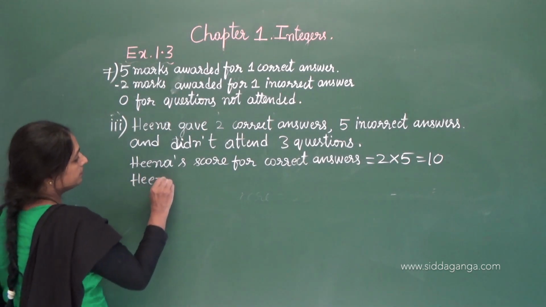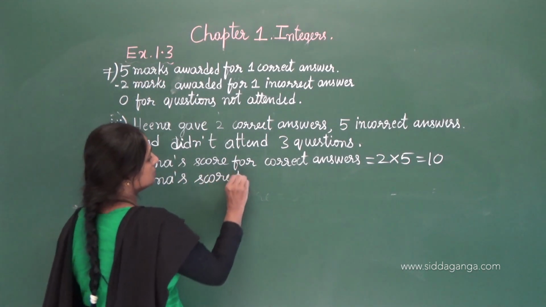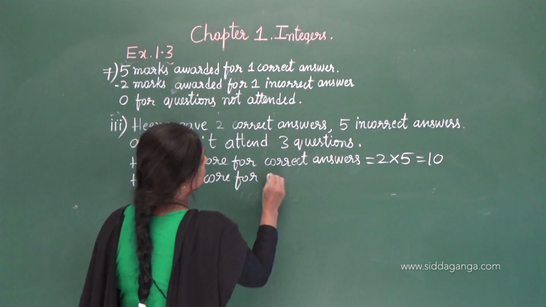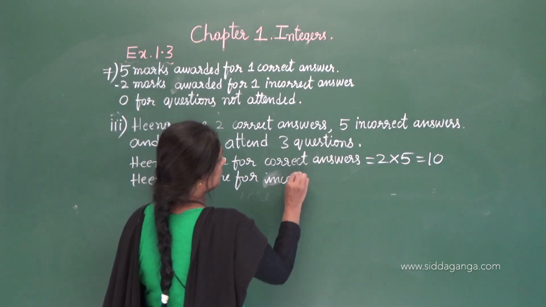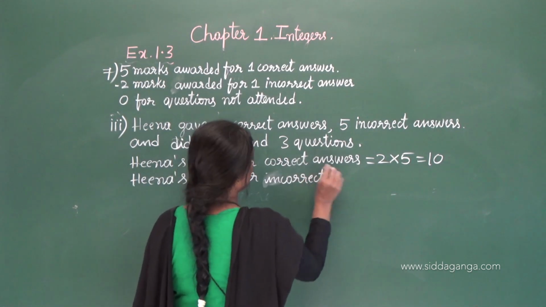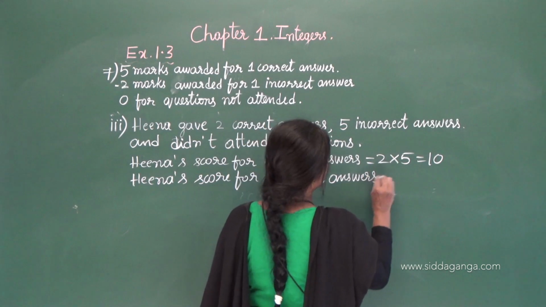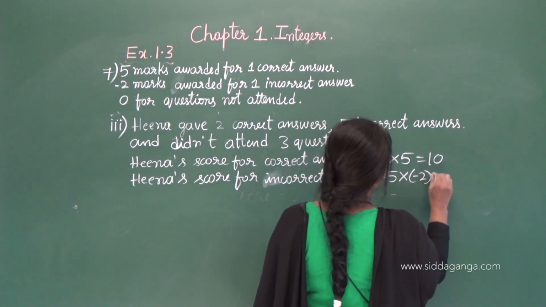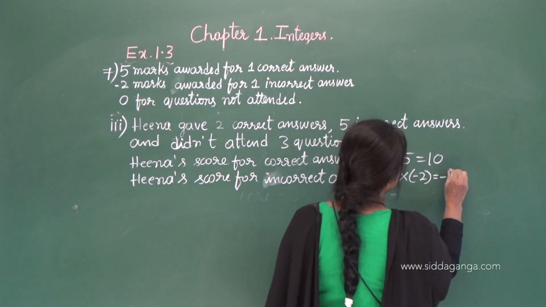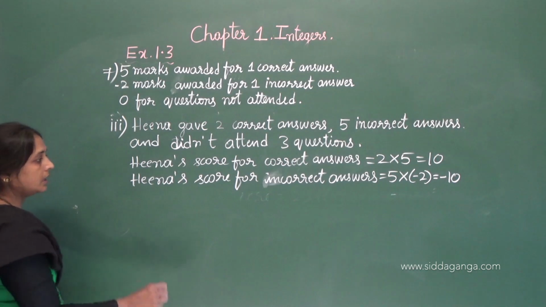Hina's score for 5 incorrect answers is equal to 5 into minus 2, that is minus 10. She scored minus 10 for incorrect answers.